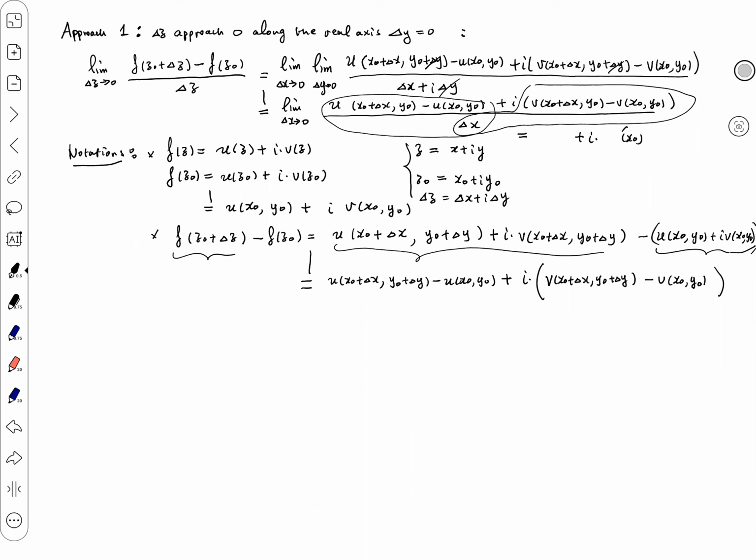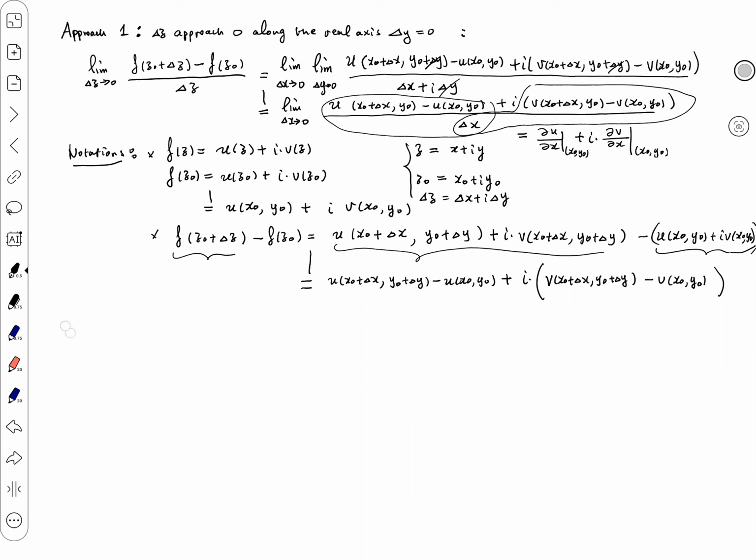So this is partial u partial x at x naught y naught plus i times partial v partial x at x naught y naught.